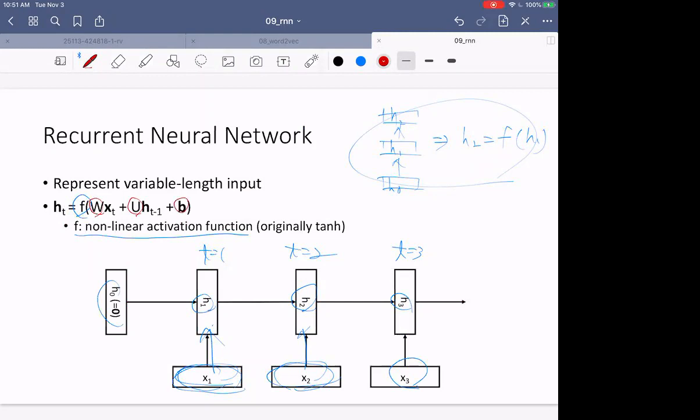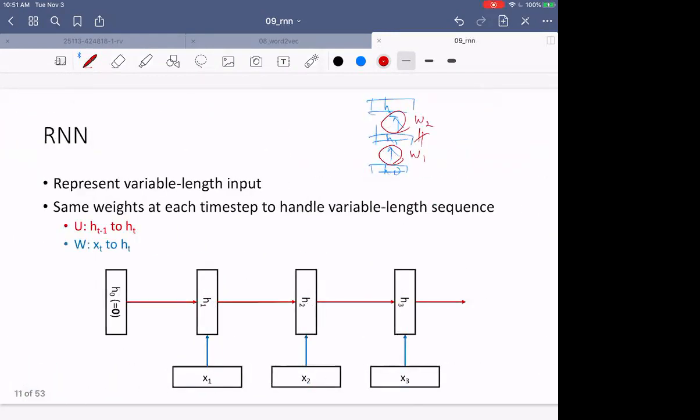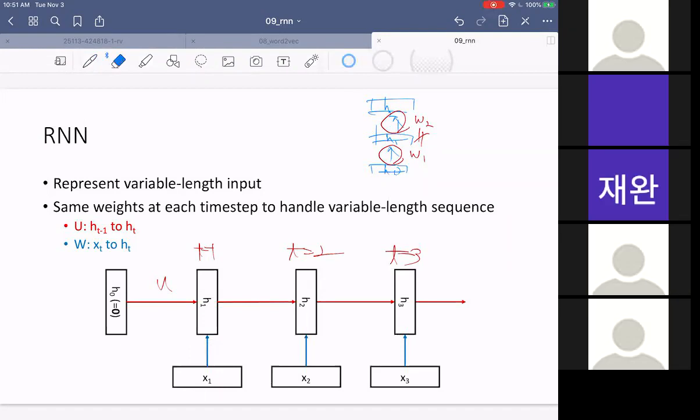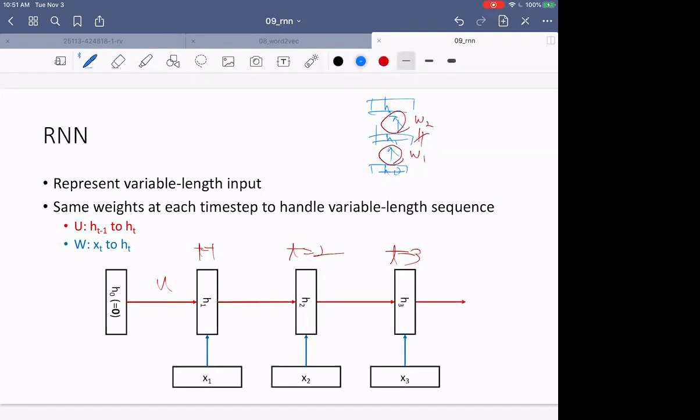These sets of weight parameters are used at every single time step. So at t equals 1, you use the same U matrix and W matrix here, and then at t equals 2, the same W and U again.